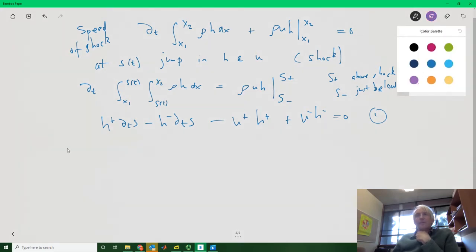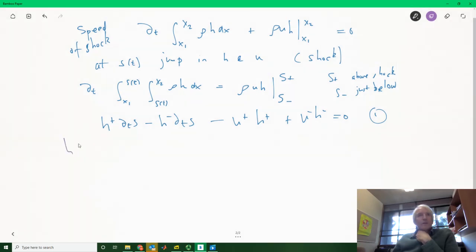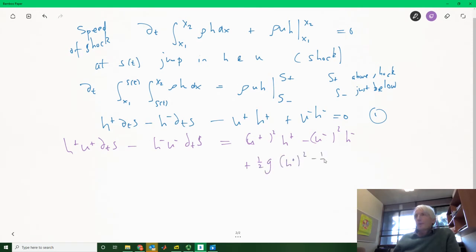So these are the equations of the shock, because the shock has two equations that govern it: h plus u plus ds/dt minus h minus u minus ds/dt equals u plus squared h plus minus u minus squared h minus plus a half g h plus squared minus a half g h minus squared.